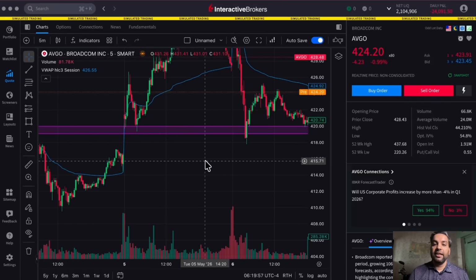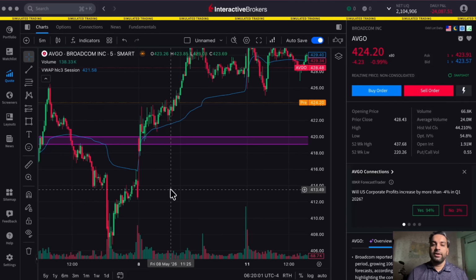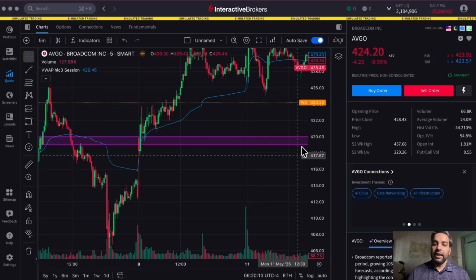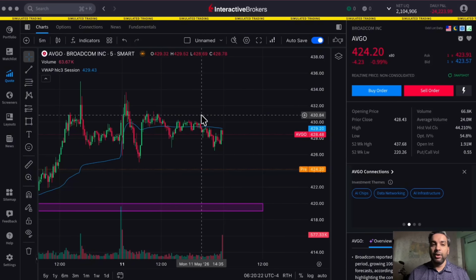So for me, these are very important because this is where, sometimes when you look at other tools, a lot of buyers, a lot of sellers could be sitting. Also, something to watch over here is this is 420, so it's a very psychological level. Round figures normally tend to be psychological when you're trying to be in a trade. But this is one thing that I do.